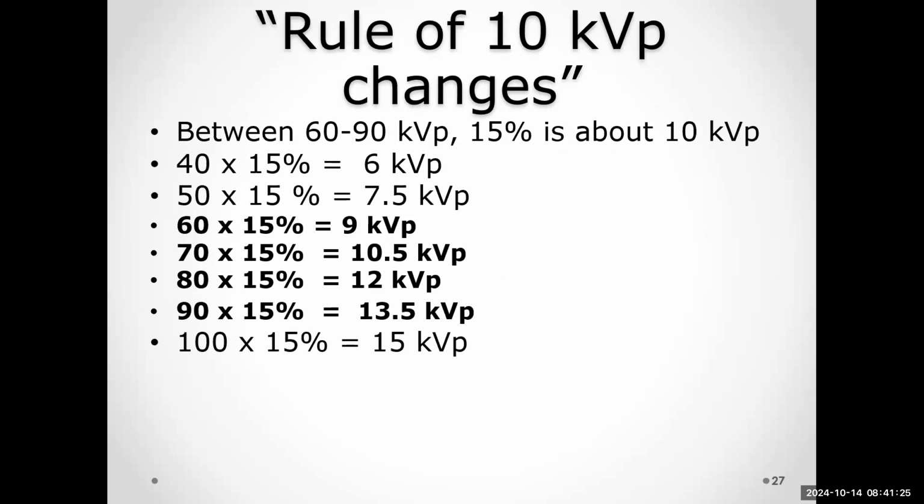So there's also something called the rule of 10 kVp. What it states is that if you are operating between the kVp range of 60 to 90, then 15% is about 10 kVp. Why do you think this would be an important thing to know? How do you think this is going to help you? Yes, he said it's quicker.